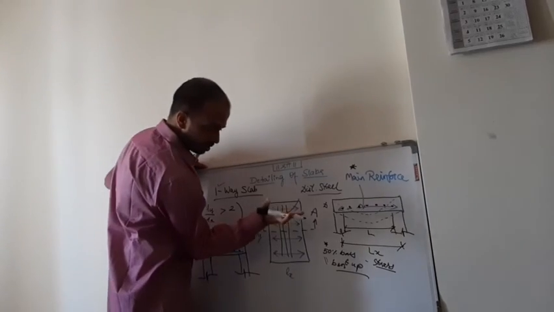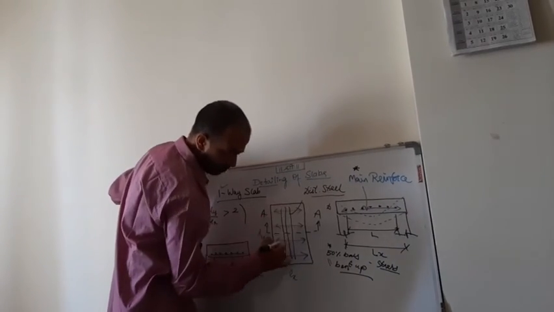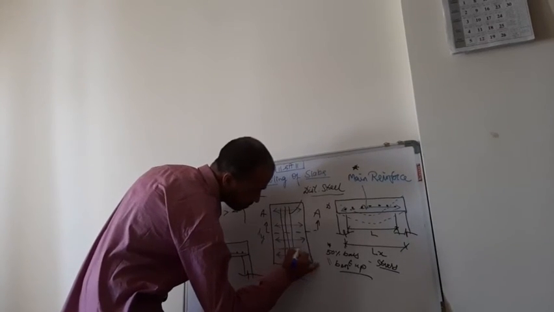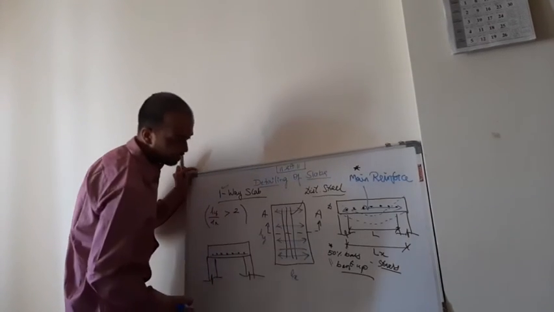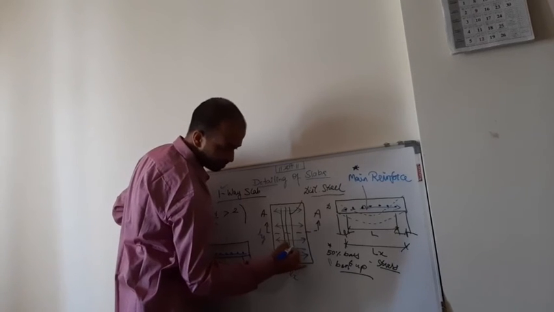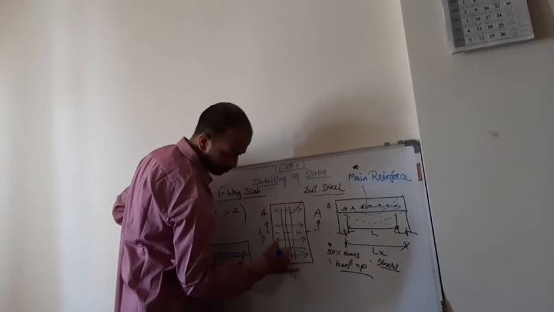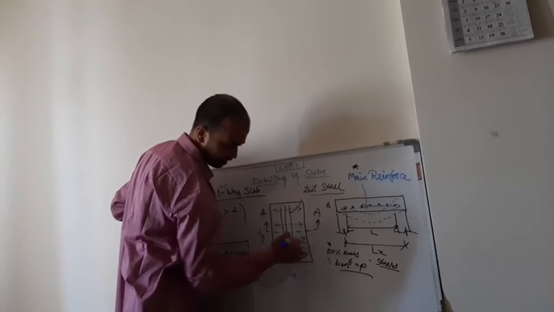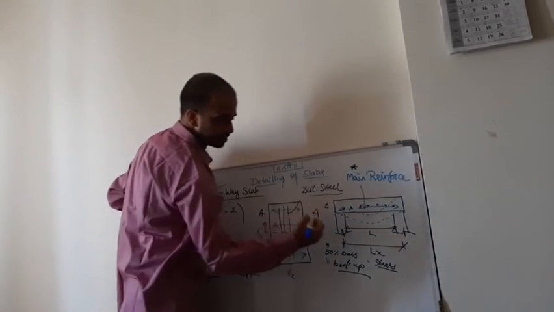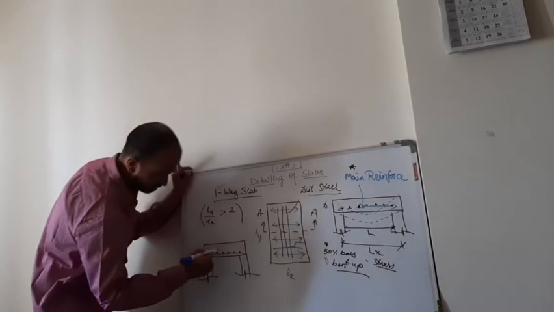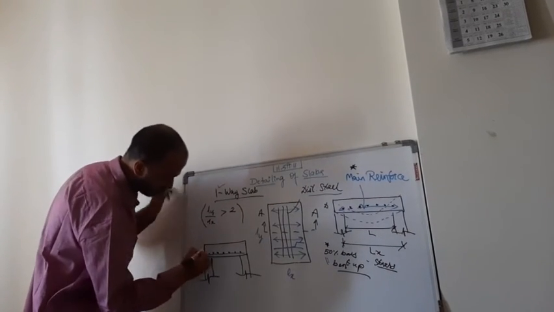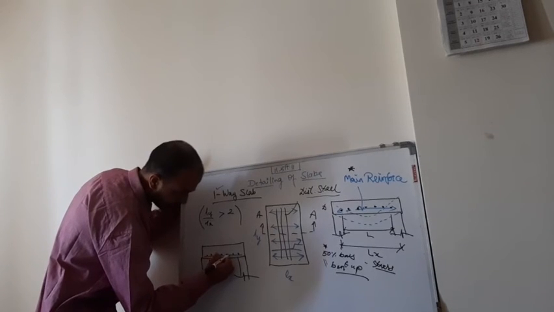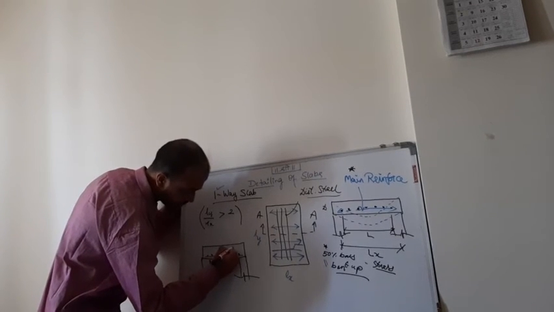Okay, so how to provide this? When I look from the plan, this is the main steel, in which 50% have to be bent up, meaning one bar that you take from one end shall run up to this point, bend up and go like this. So when I look from the section, it is looking like this. One bar is running continuously from this end, and here it is going to bend and move to the top.